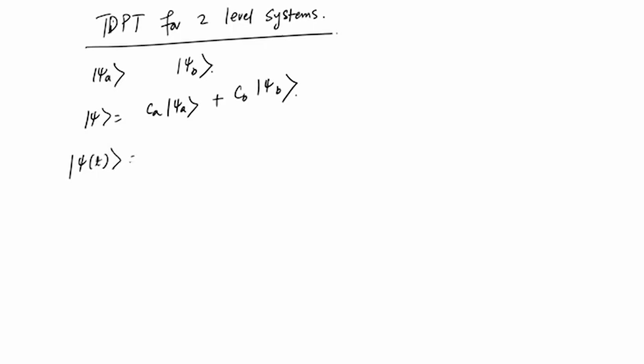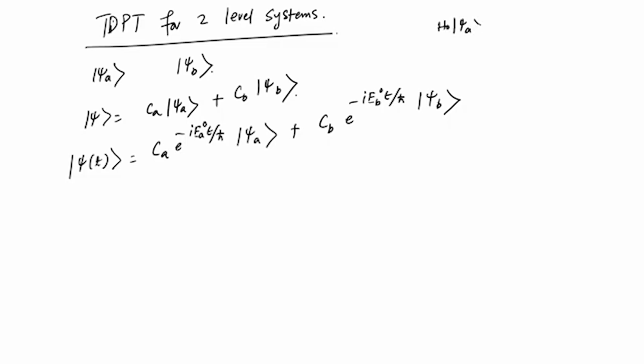So, psi of t is nothing but C A exponential minus i E A 0 t over h cross psi A plus C B exponential minus i E B 0 t over h cross psi B. That is the time dependent thing, and we of course know that H 0 psi A equals E A 0 psi A and H 0 psi B equals E B 0 psi B, which are the unperturbed eigenstates of the problem with well defined energies E A 0 and E B 0.